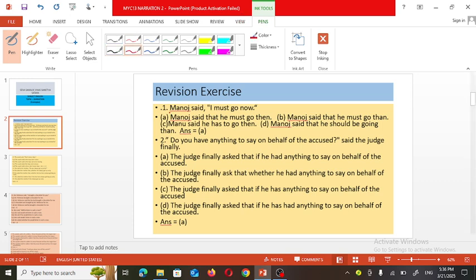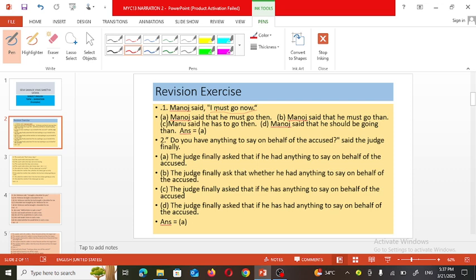Here, the sentence is given in direct narration. Manoj said, "I must go now." Now the sentence in inverted commas is an assertive sentence and it is a positive sentence. So where do we need to make changes? We have to remove these commas here, then a conjunction must be used.